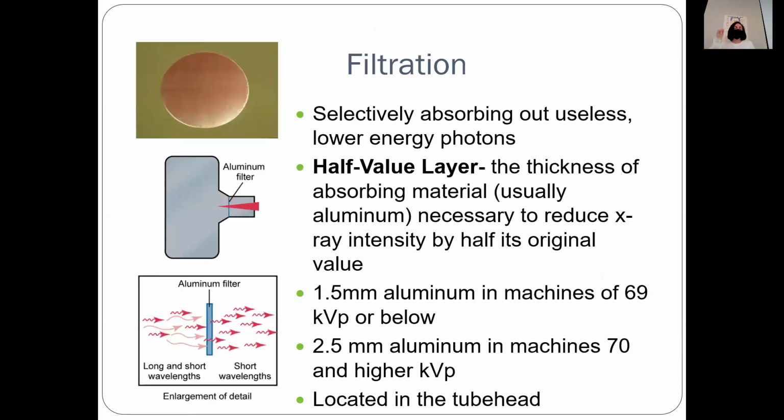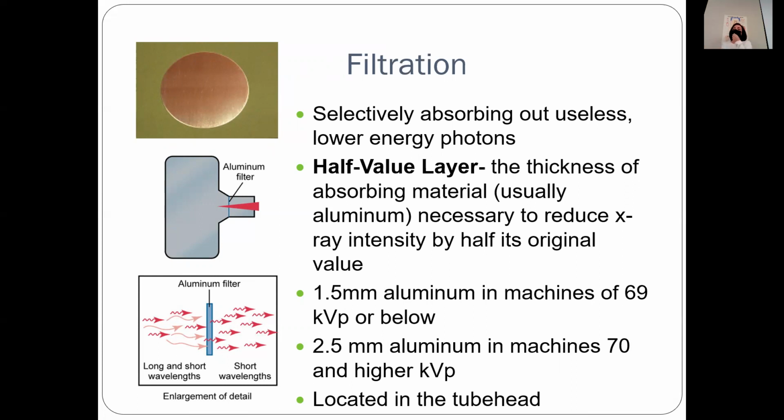Okay, so filtration. What is filtration needed for? Filtration helps us weed out those X-rays that are the weaker ones that are just going to cause a biological effect, but they're not actually going to help give us a good diagnostic film. So it's selectively absorbing out useless low energy X-ray photons.